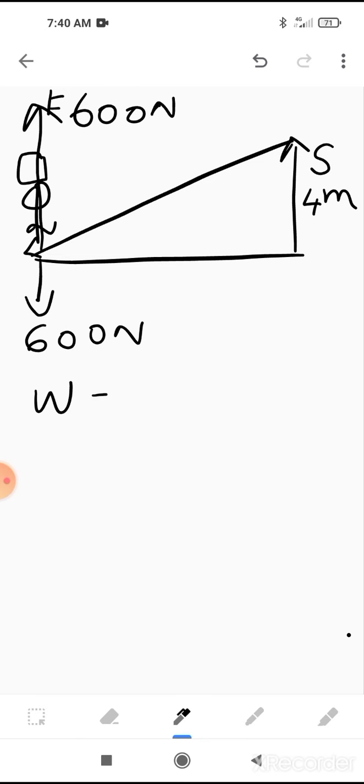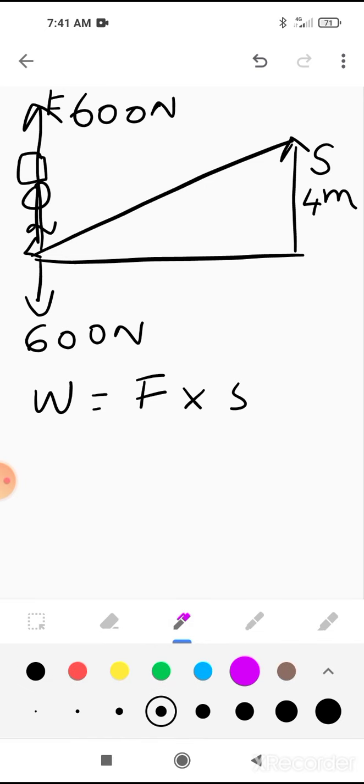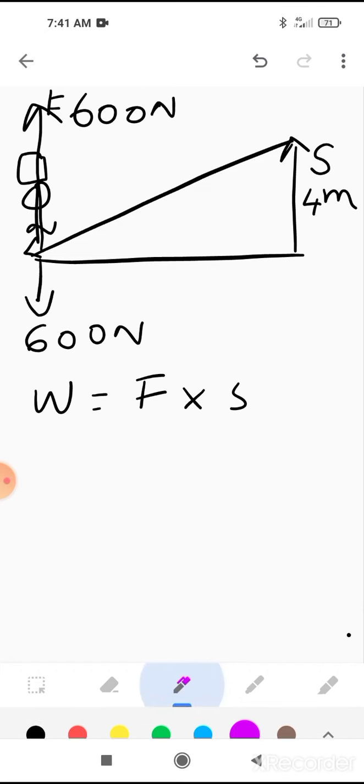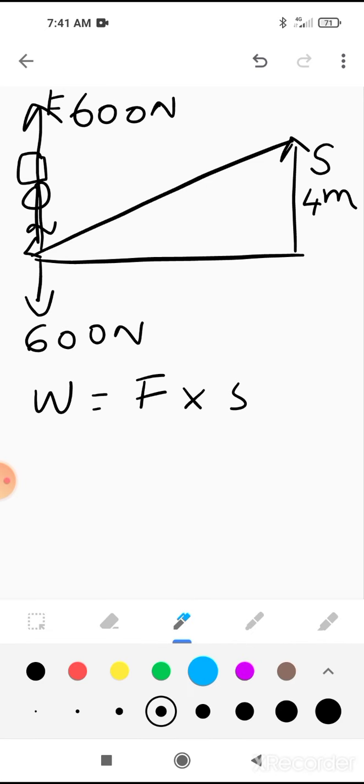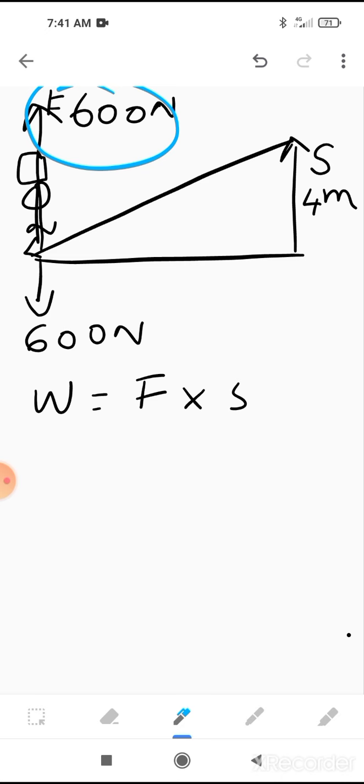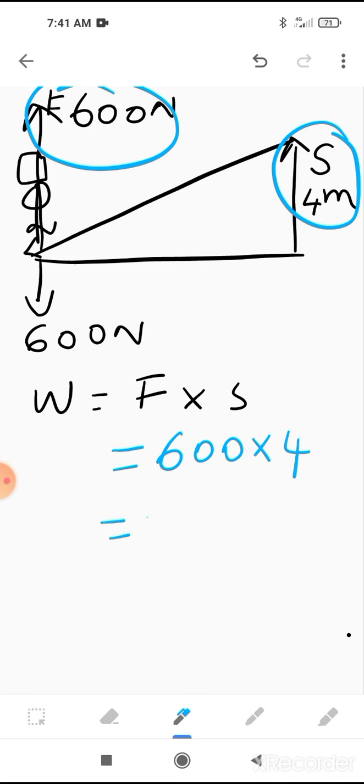So work done is F into S. So 600 Newton into 4 meter, 2400 joule of work is done in 5 seconds time.